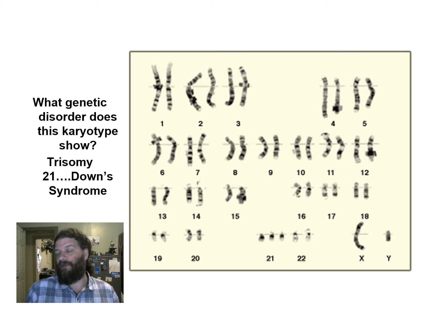What this is going to do is jumble up the numbers, and you're going to end up with a gamete that has, instead of 23 chromosomes, 24. And you're going to have another gamete that has, instead of 23, 22 chromosomes. If those gametes are the ones that fuse, fertilize, and become the baby, you're going to have a baby that has the wrong number of chromosomes.